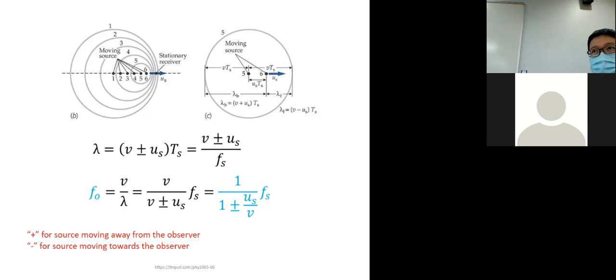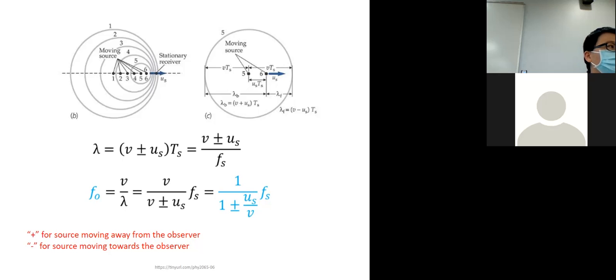That means the frequency, how frequently the receiver hears the sound, is increased. So there's a frequency change there. Or if you look at how far the wave has to travel to reach the receiver, the distance traveled becomes smaller.